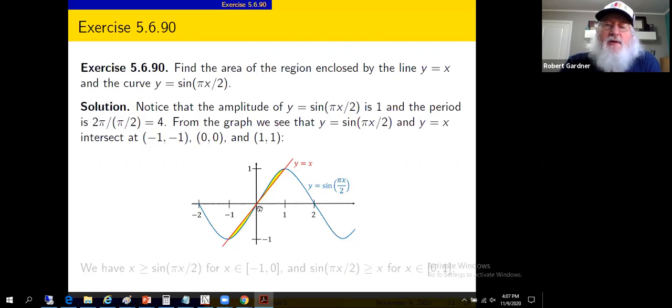By the way, they also intersect at the point 1, 1. You believe that? I plug 1 into this for x, I get y equals 1. I plug in 1 for x in the trig function, we get the sine of pi halves, which is also 1. Yeah, they intersect there. And similarly, they intersect at the point -1, -1. It's a transcendental equation to deal with this. So you need a bit of insight or a bit of luck to notice that these intersect at -1, 0, and 1.